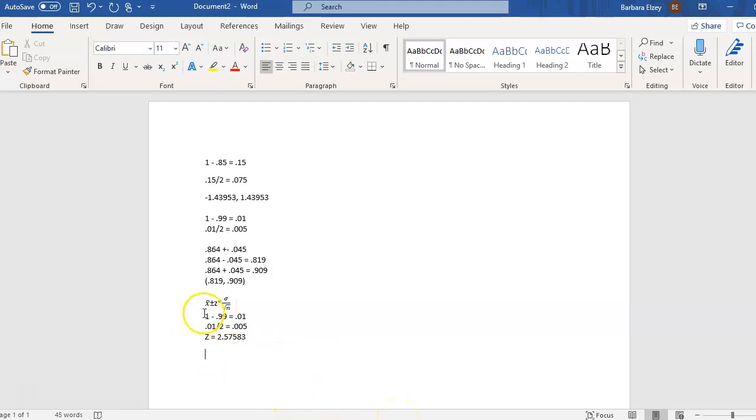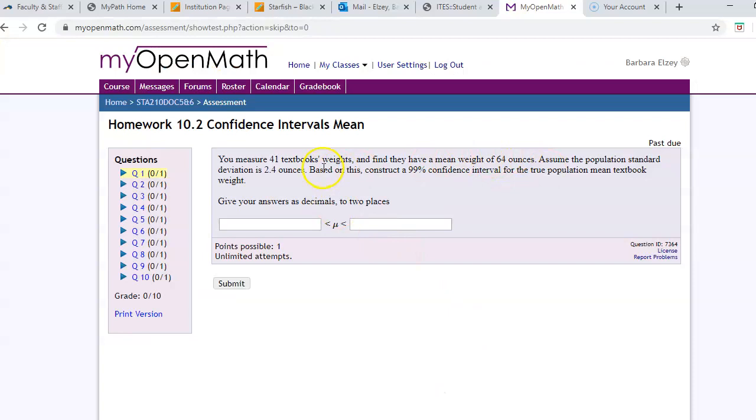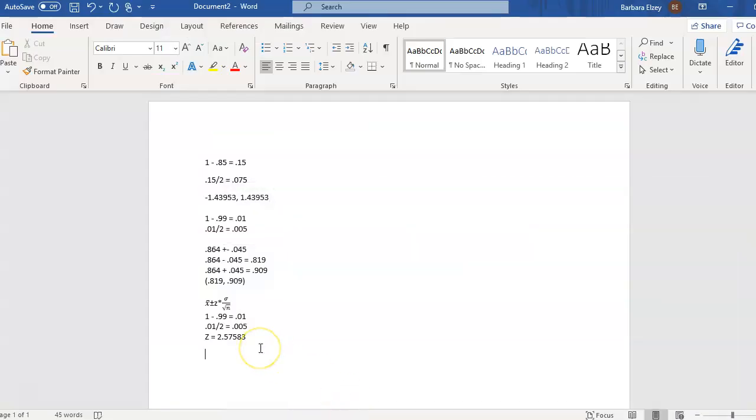All right, so let's go back and find our mean and our standard deviation. Our mean weight is 64. Population standard deviation is 2.4, and there are 41 textbooks in the sample. All right, so 64 is our x bar, plus minus Z, which is 2.57583.